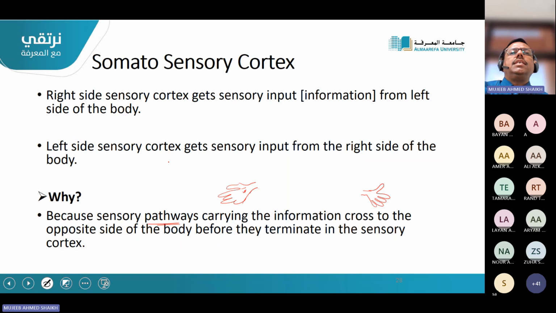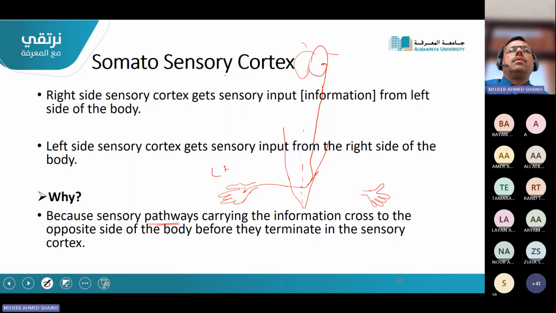So if there is a touch here, it will go to the spinal cord and it will go to the opposite side. Suppose this is the center. So touch sensation from left side will go and cross at the spinal cord and then ascend up and give the information to the brain.